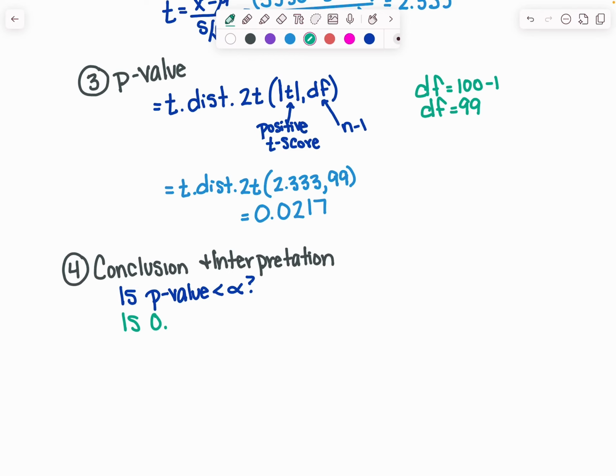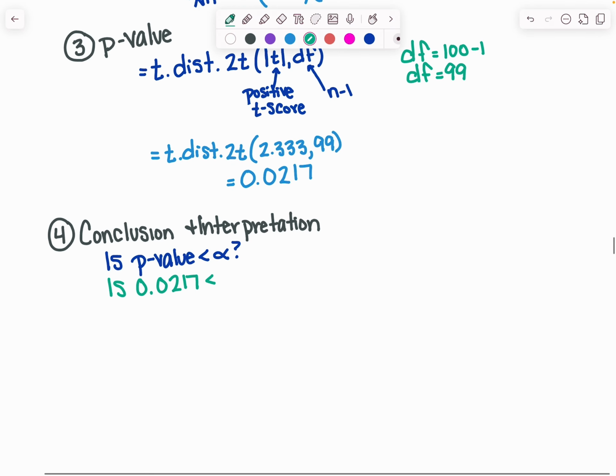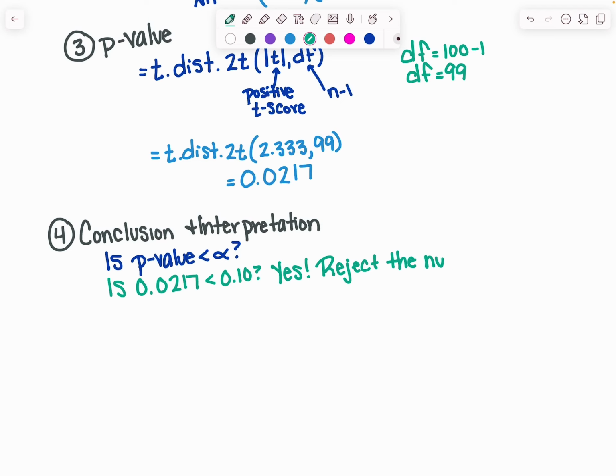So is 0.0217 less than 0.10? Yes. If P is low, reject H0. Reject the null hypothesis.